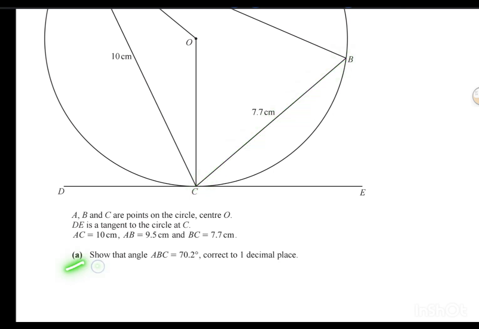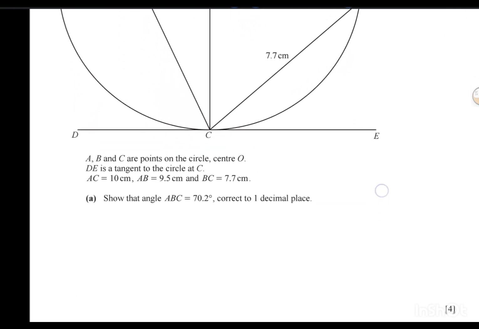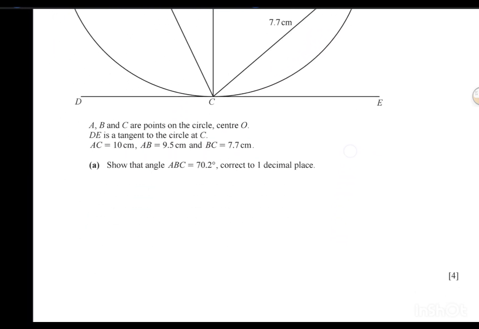Question A. Show that angle ABC is equal to 70.2 degrees correct to 1 decimal place. We have to find this angle and show that it is 70.2. Now we have 3 sides of the triangle given. Using the 3 sides we can find the angle using the cosine rule.